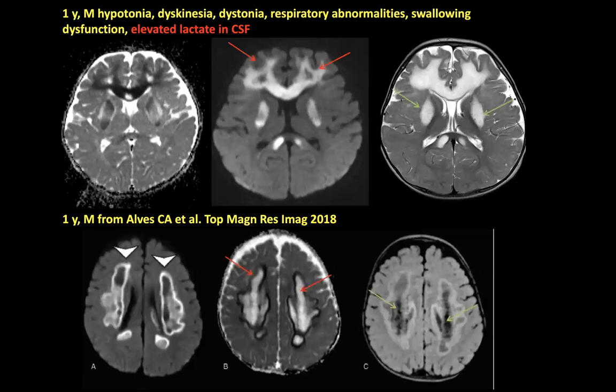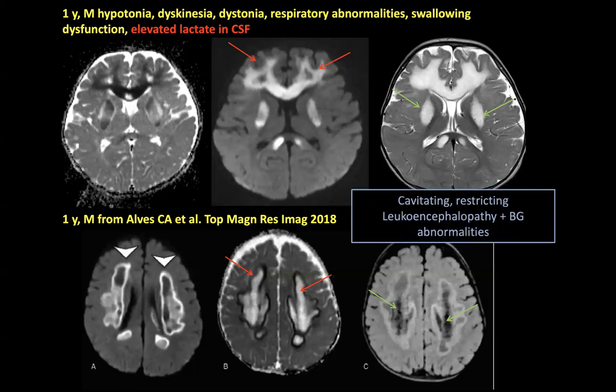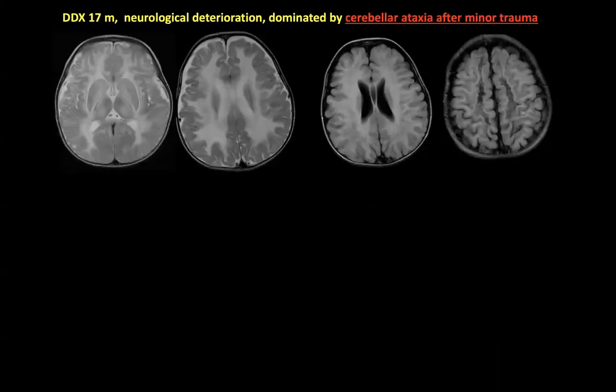And remember, bilateral symmetrical involvement of the basal ganglia is typical of mitochondrial disease, but we not always, actually quite rarely, have this associated leukodystrophy. So I wanted to show you this pattern. Sometimes we have a cavitating leukodystrophy like that, without these florid abnormalities that are very bright on T2.